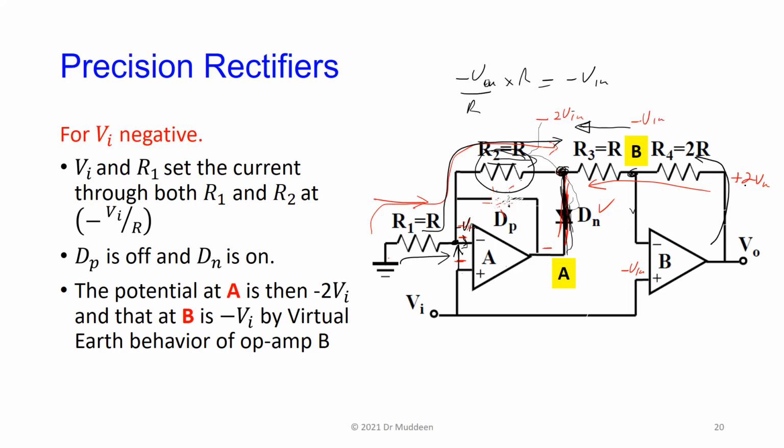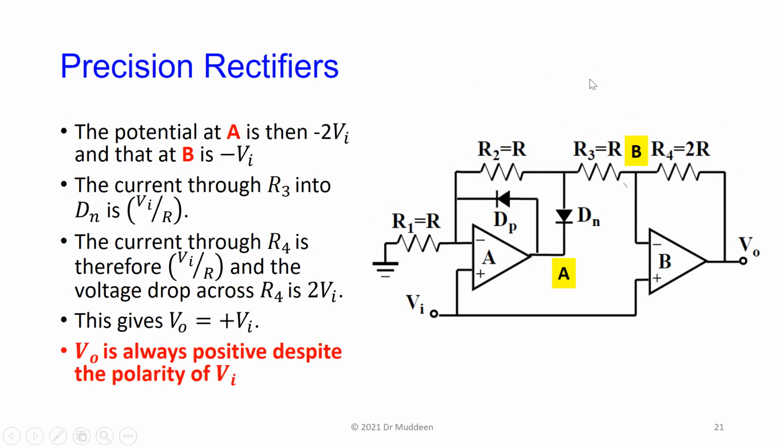So again, the current here is Vin over R, and I am multiplying it by a resistance of 2R, so the voltage drop across here is 2 Vin. So if here is at minus Vin and the voltage drop across here is plus 2 Vin, then here has to be at a voltage of plus Vin. Yeah?